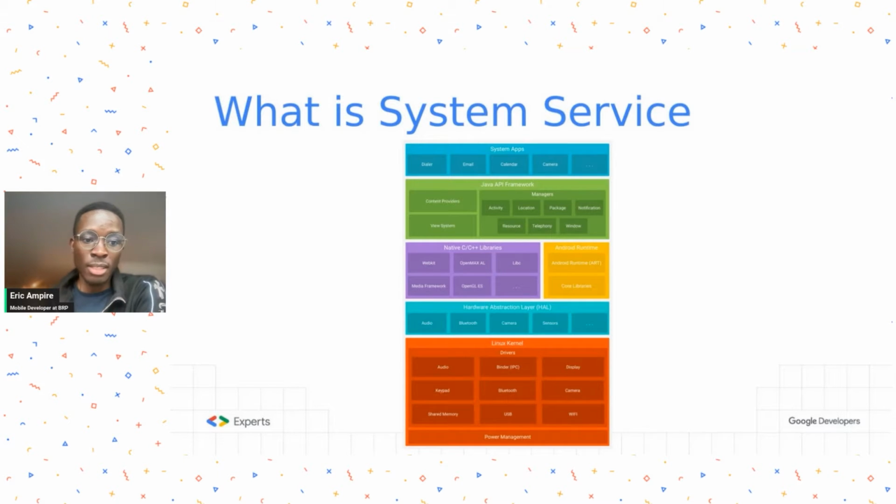In such a situation, the default implementation of the Android operating system doesn't provide us all the necessary APIs that we need in the top-level application running on that particular device. So in such a situation, we need to create our own system service that will provide a set of APIs to the end user, to the developer especially, so that we can have access to that particular API in our application.